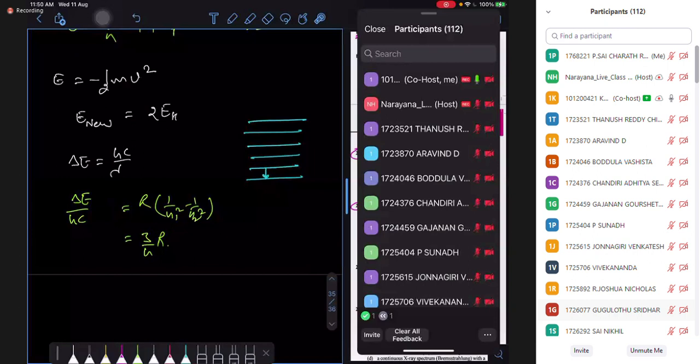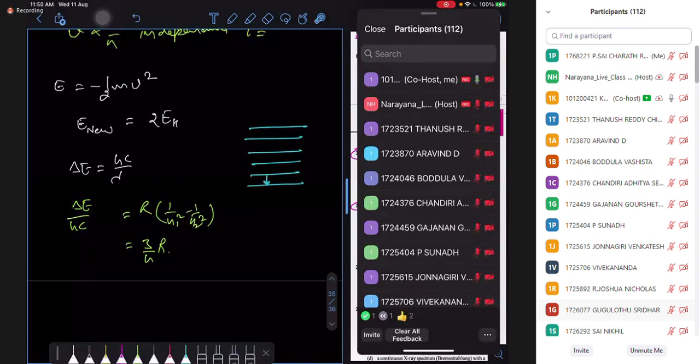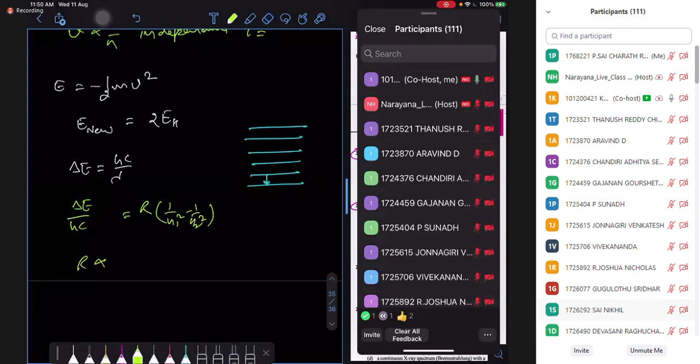My R depends upon this energy term. Energy depends upon the mass, so R also depends upon the mass. So I can say this Rydberg constant for my new model is twice the Rydberg constant of my hydrogen model.